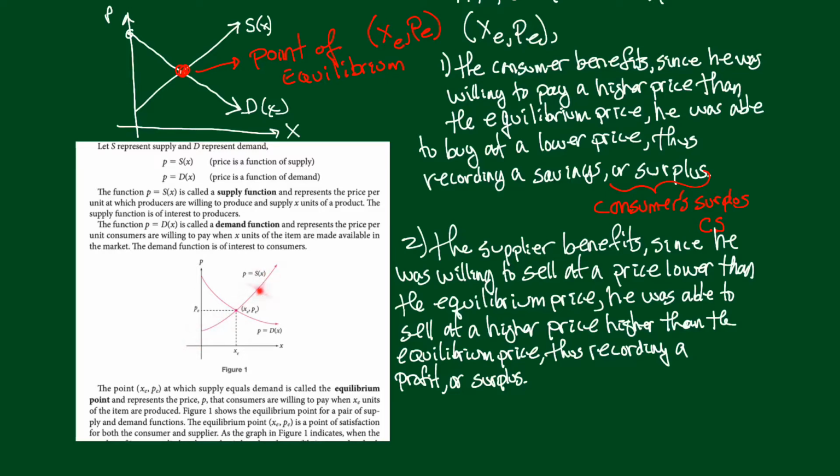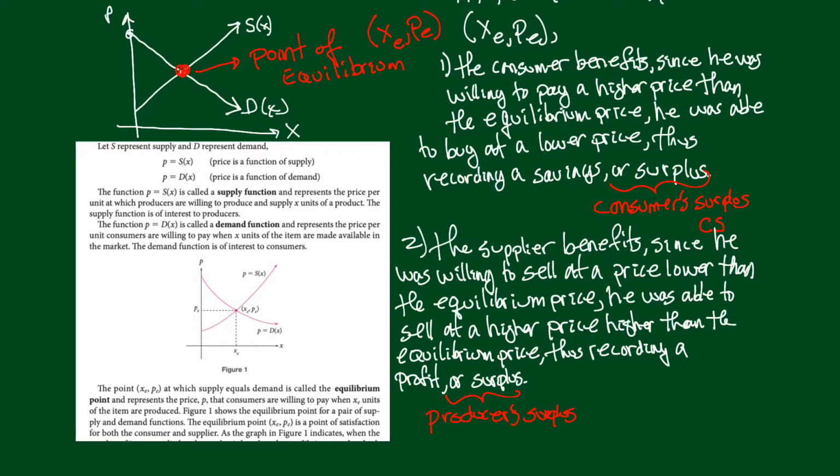So this supplier was willing to sell at a price lower, right? Here's the equilibrium price. The supplier was willing to sell at a lower price than the equilibrium price. But if he got the equilibrium price, then he's going to record a profit or a surplus. He was willing to sell down here, but he was able to sell up here.